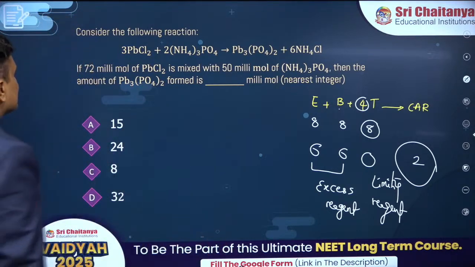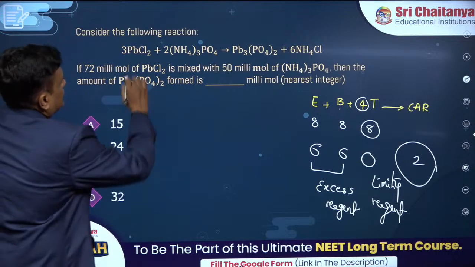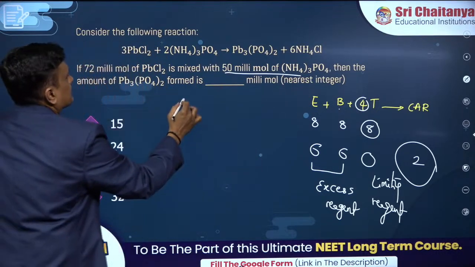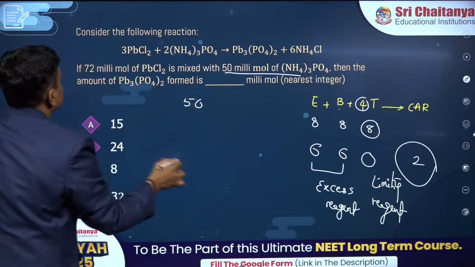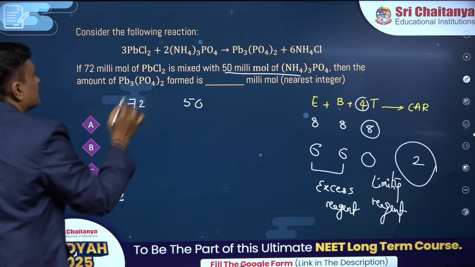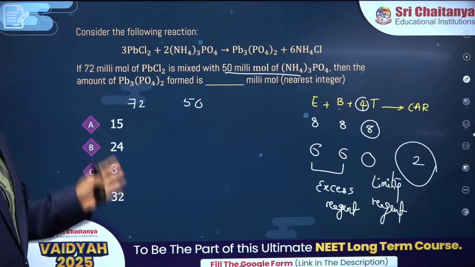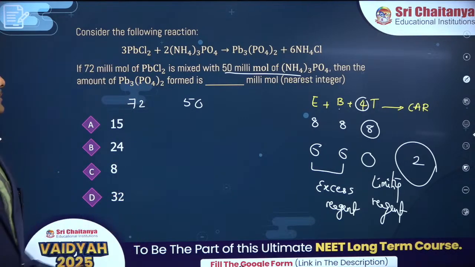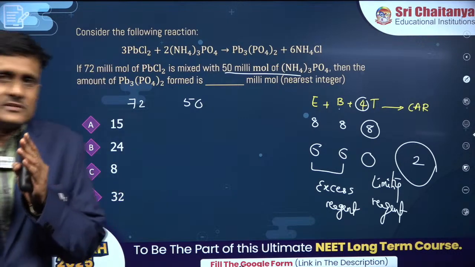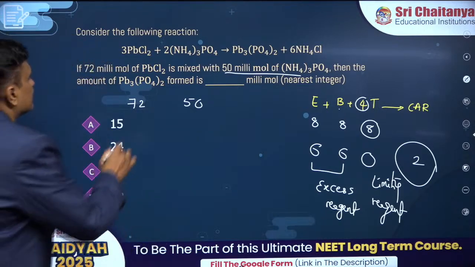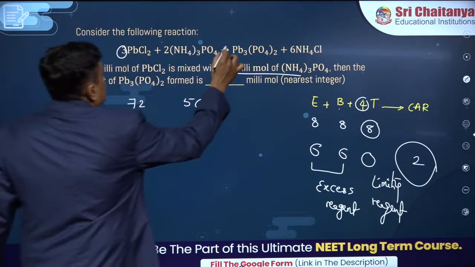So now when you take this, you can see that it's a balanced equation. 50 millimole of ammonium phosphate and 72 millimole of lead chloride are mixed. Then how much is Pb3(PO4)2, lead phosphate? You should see which is giving rise to the least product, and that is your answer. 3:1 is the ratio.